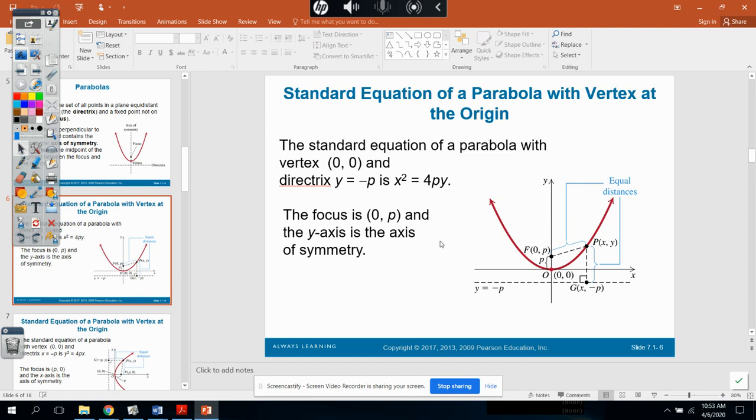So I'm trying to unplug my slate to see if I can get this thing working because I don't understand why it won't mark. Let me see if I can pause it here.